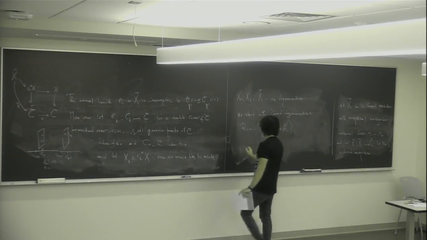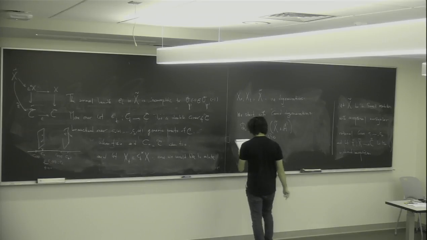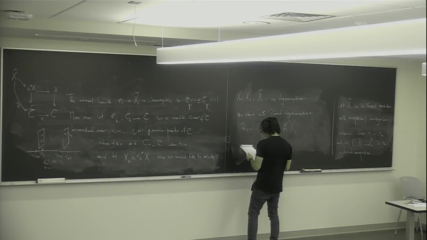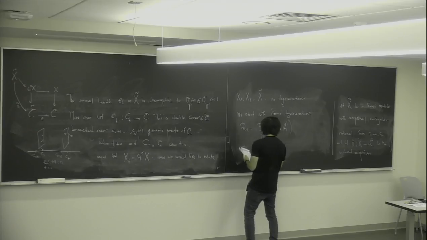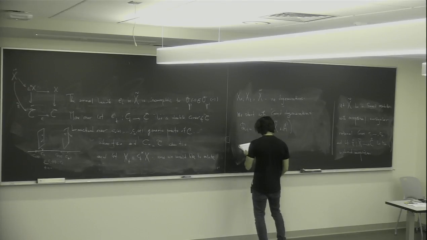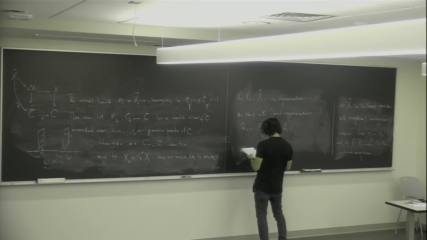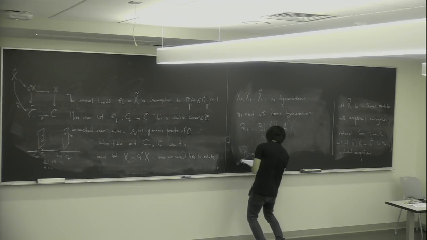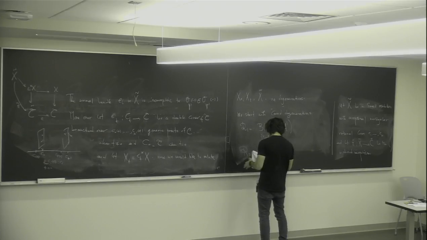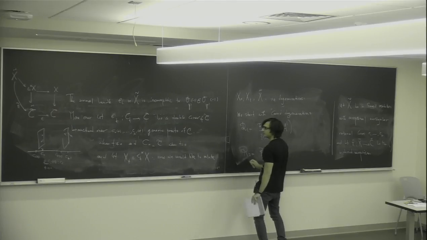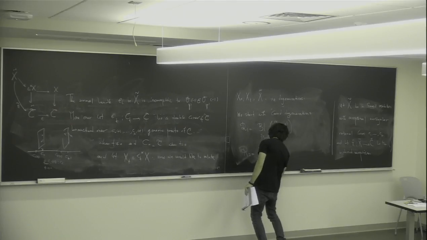And I would like to have a second degeneration, R2, which is basically just blowing up x of t along these points, S_1(0) to S_k(0).